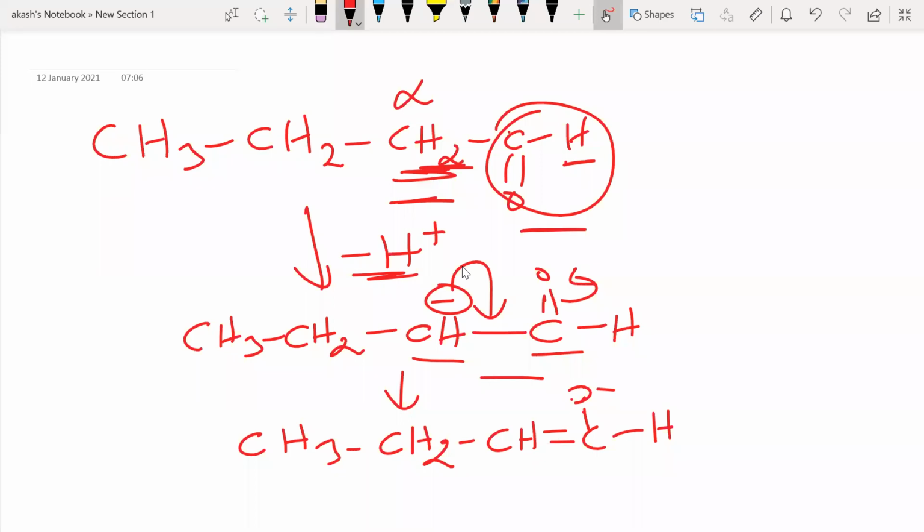So instead of O minus, I can just write OH. That's it. So this is the keto form, and this is the enol form. Did everybody get this structure? Anybody got this structure?